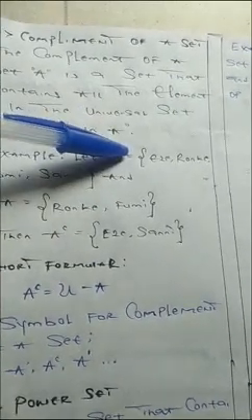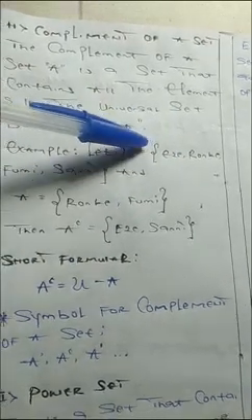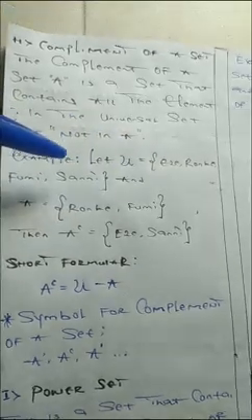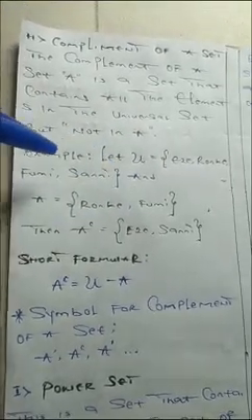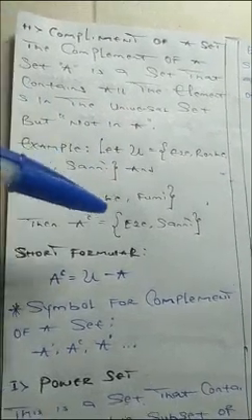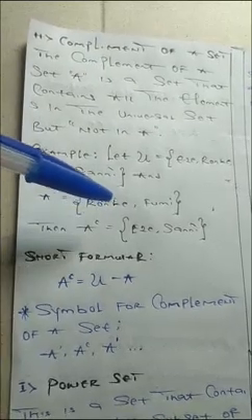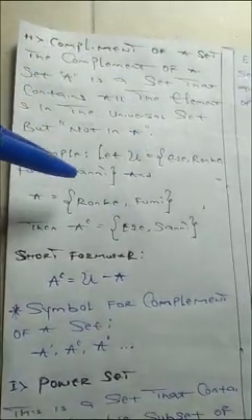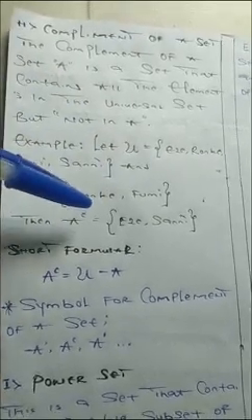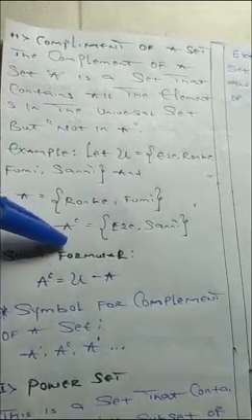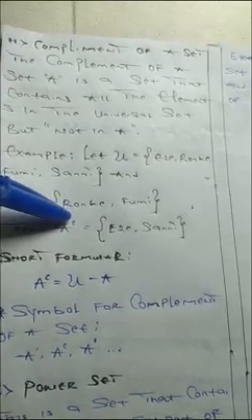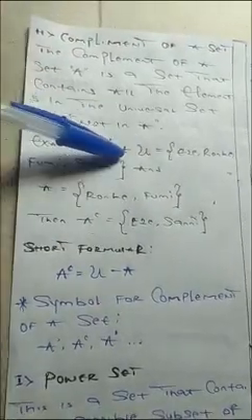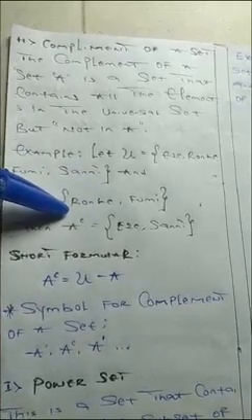Runke and Fumi are in A and they are contained in the universal set, but Eze and Sani are in the universal set, but they are not in A. So since they are not in A, it becomes the complement of A. So now A complement, A raised to power C, is equal to Eze and Sani, which means Eze and Sani is not common between the universal set and the set A.